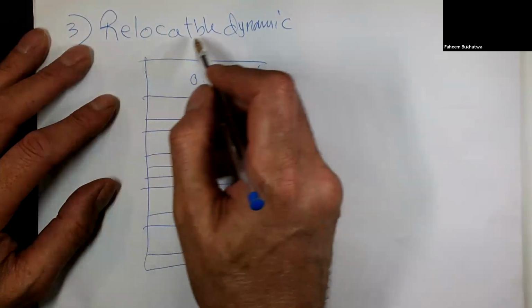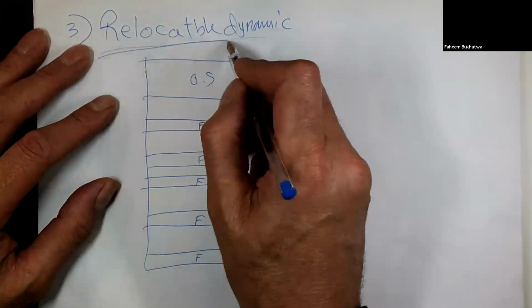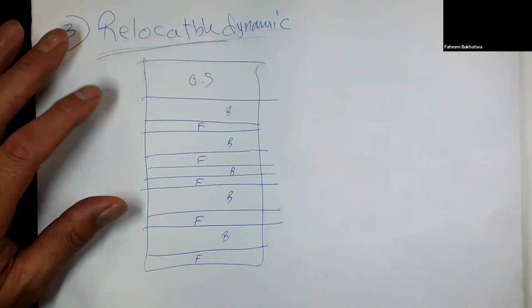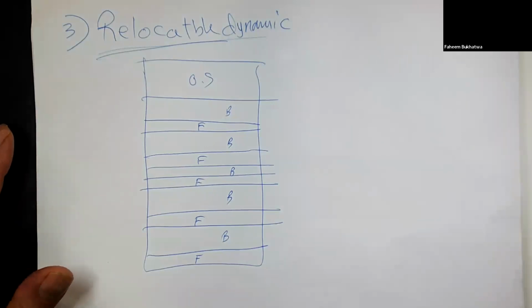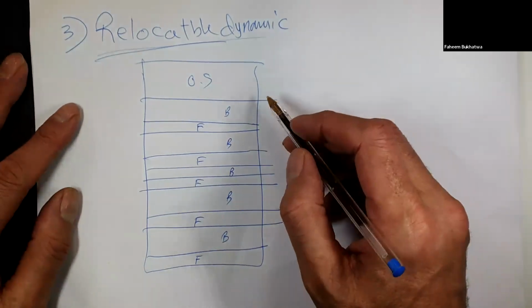we do a relocation. Relocate all the programs, move them to one side of memory, and all the free blocks to the other side. So the busy blocks are moved, and the free blocks are moved to the other end, and we join them together and we end up with, hopefully, one big free block of memory.